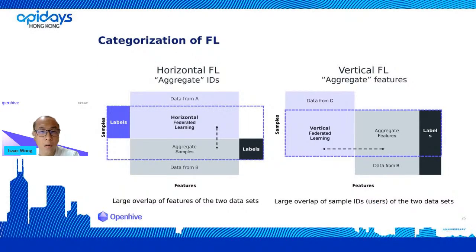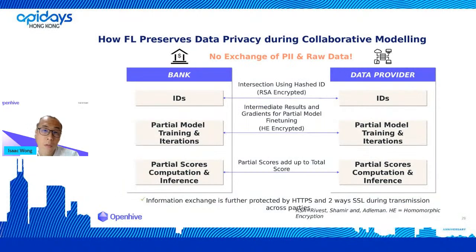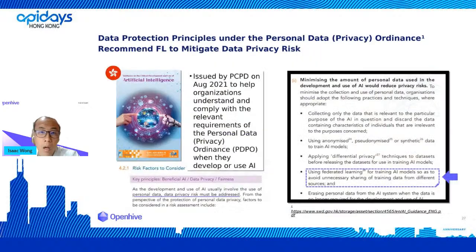And we have, by and large, two different types of federated learning categories: horizontal federated learning and vertical federated learning. In any case, during federated learning, there will be no exchange of PII and also the raw data itself, but just encrypted partial gradients or intermediate modeling results.